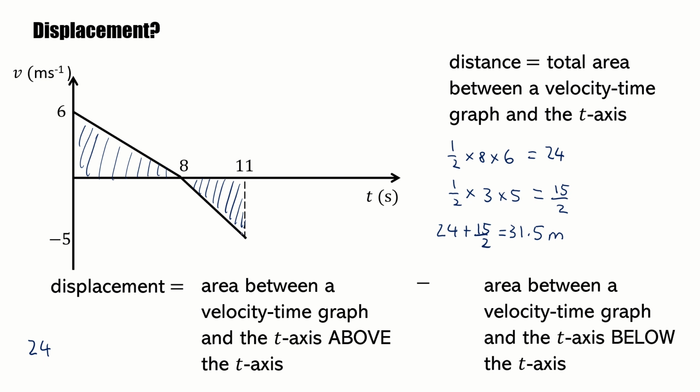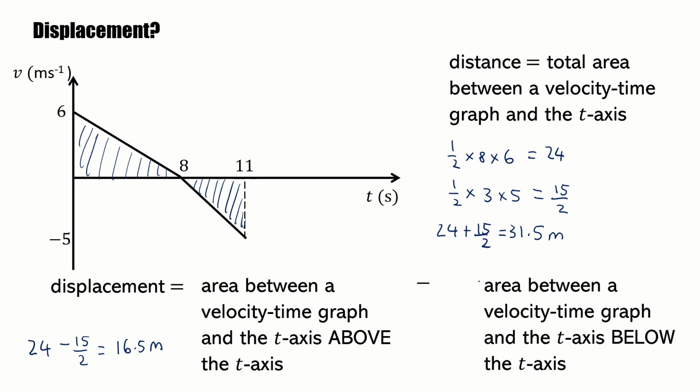So for us, we had this second area that was below the t-axis, and therefore that's a number we'd have to subtract from 24 if we wanted to find the displacement. So for us, that would end up calculating as 16.5 meters. So the displacement and distance are calculated in slightly different ways in these sort of scenarios.